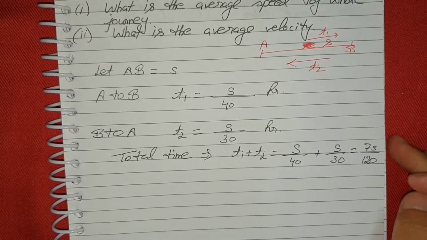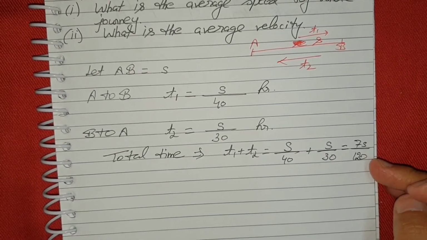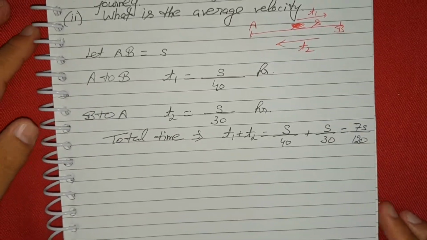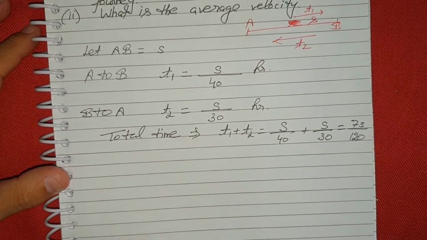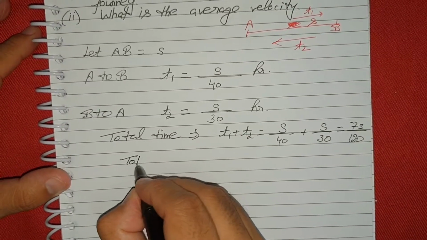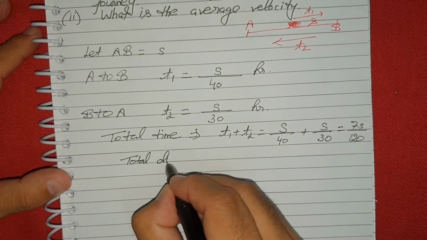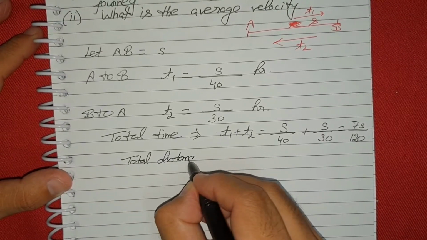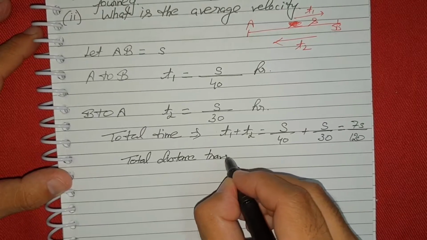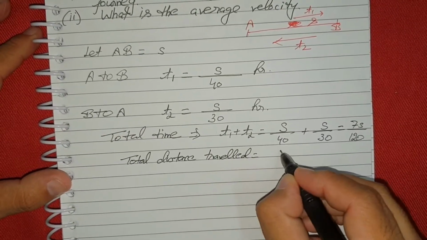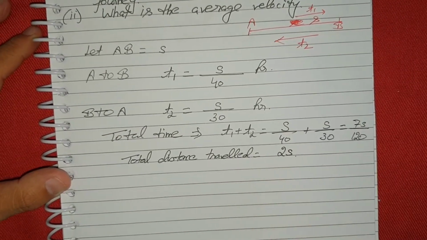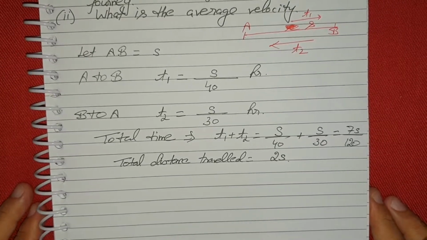So, this is the total time, 7s by 120. Now, what is the total distance travelled? Total distance travelled will be 2s. Total distance travelled is 2s.